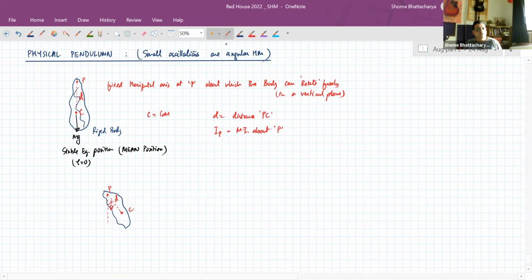So you can see that at an angular displacement theta like this, mg will be creating a torque which will be like this. There's a restorative torque, tau, which is like this.